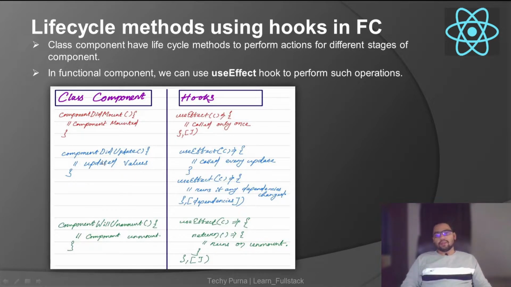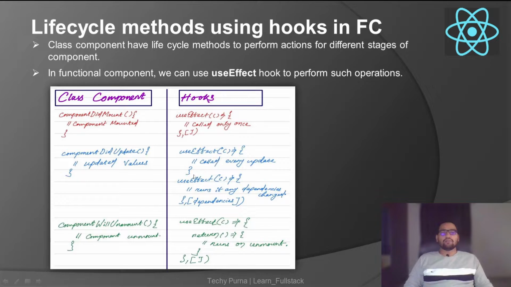There is one more, componentDidUpdate, for updated values. Whenever we change anything in the React component, the corresponding change triggers the componentDidUpdate method basically. We can achieve that through useEffect also.